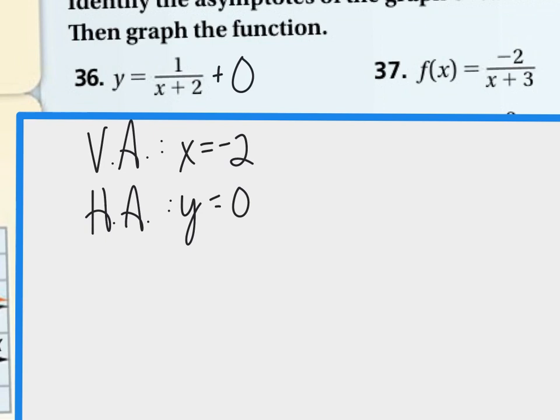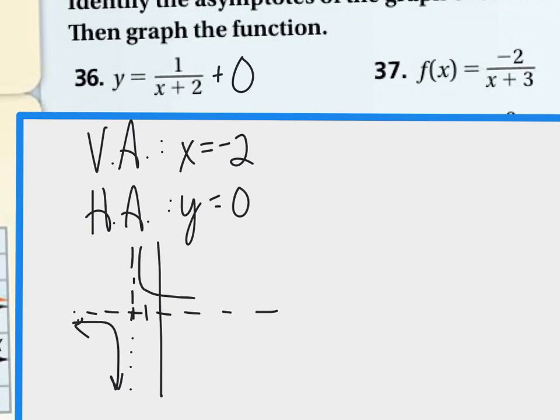And then from there you could pick some points and graph it. Just a rough sketch here. If you pick some points and graph it out, it should end up looking roughly like this.